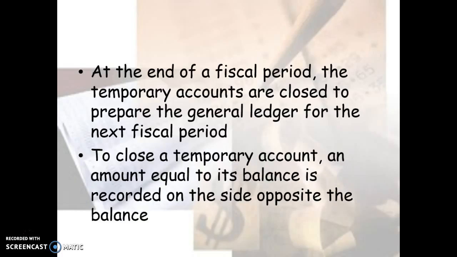And so to close the temporary account, we have to have an amount equal to its balance and record that on the opposite side. So if we had supplies as a debit, then we would need to close it as a credit. So just remember, we're trying to get to 0. So debit minus credit would get you to a 0 balance.